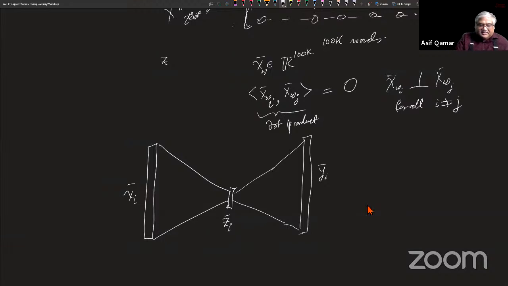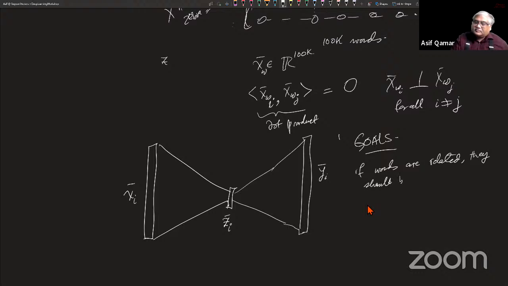But what are the desirables? What are the goals that we want to set? That if words are related, they should be close to each other, isn't it? So for simplification, let's say that all of these Z vectors are unit vectors for the time being.